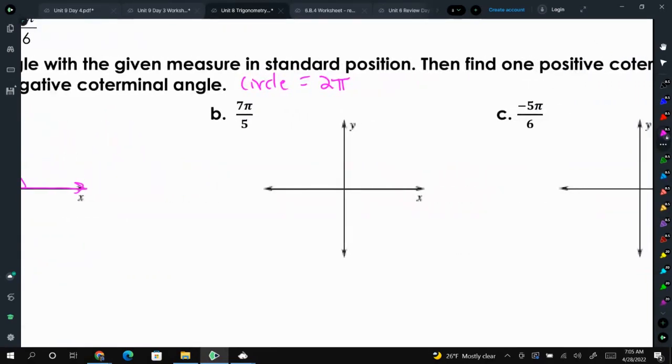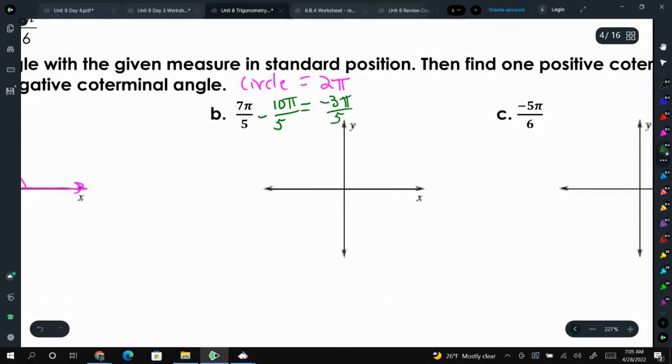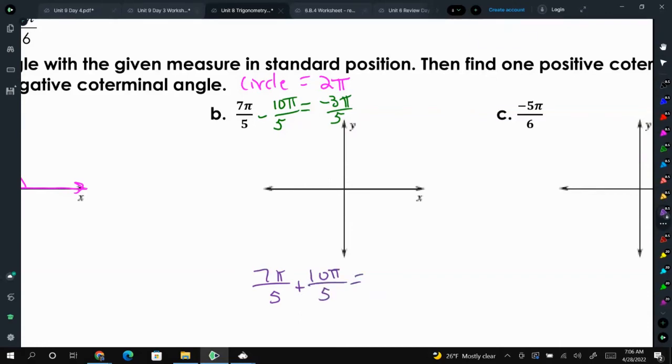Now 7 pi over 5, we're going to subtract 10 pi over 5, because again, that will reduce down to 2 pi. So this is equal to negative 3 pi over 5. Now we want a positive coterminal angle, so I'm going to take that 7 pi over 5 and add 10 pi over 5, and that's going to equal 17 pi over 5.